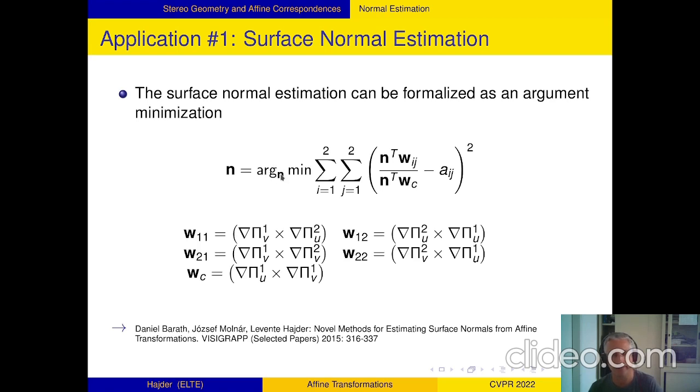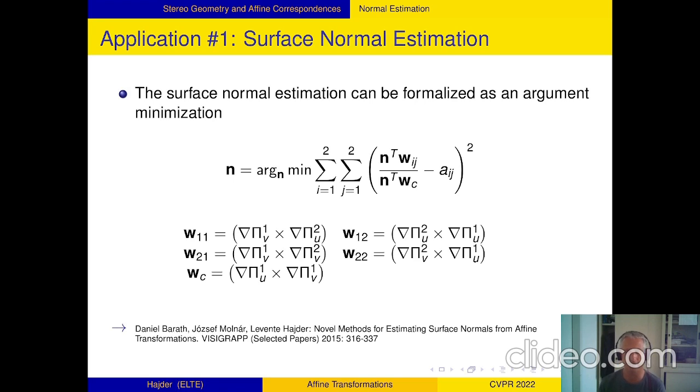Here n is a three-dimensional vector, but the scale is not important, so only 2 degrees of freedom should be estimated, and we have 4 equations, as there is an equation for all four elements of the linear part of the affine transformation.